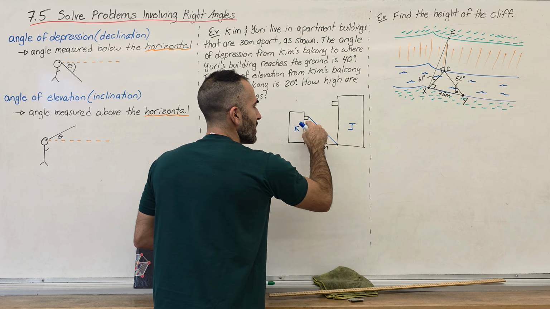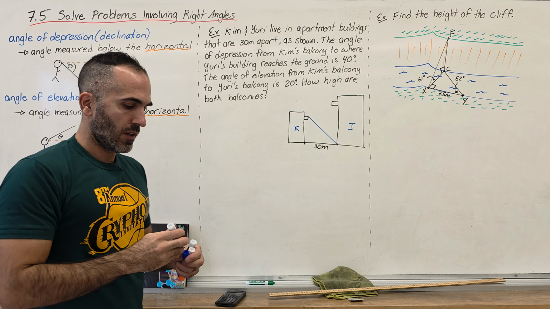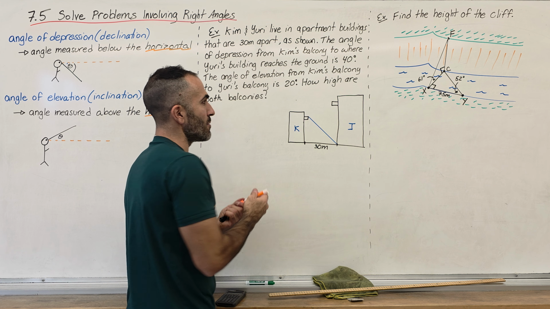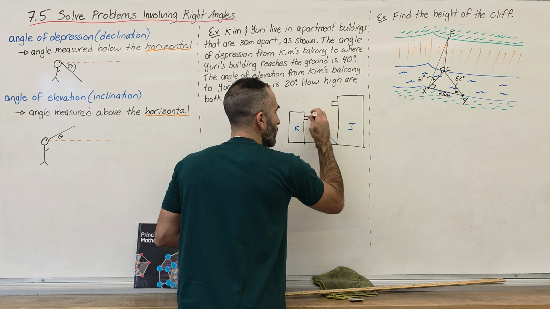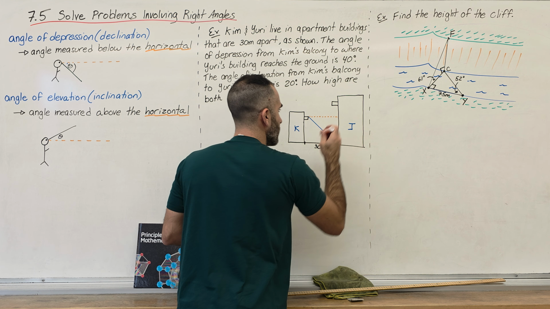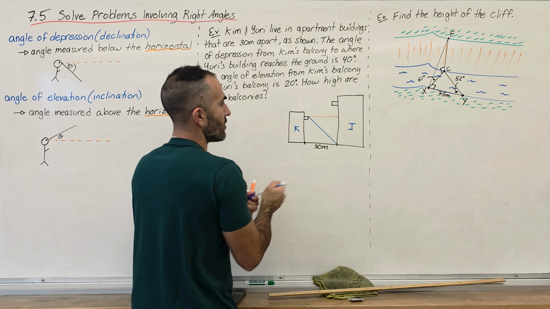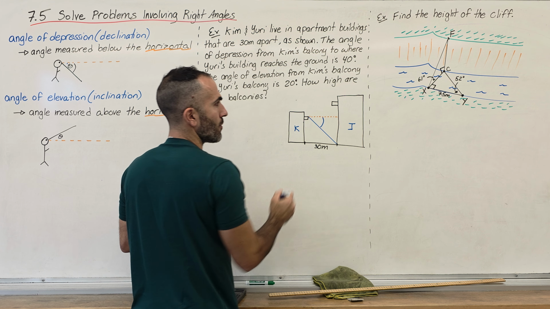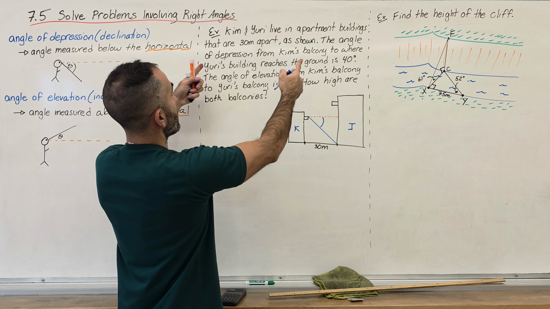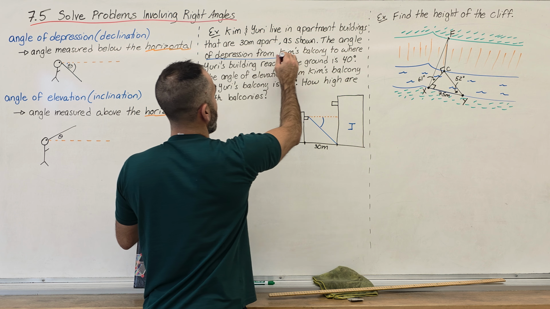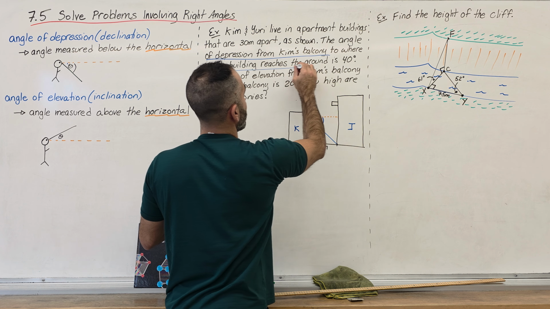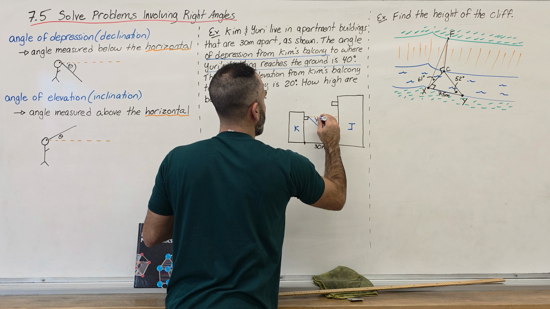The angle of depression is not this guy, which is what you would think. The angle of depression from Kim's balcony is the angle from the horizontal here. That is the angle of depression from Kim's balcony to where Yuri's building hits the ground, 40 degrees.